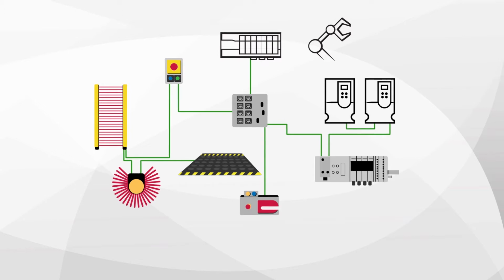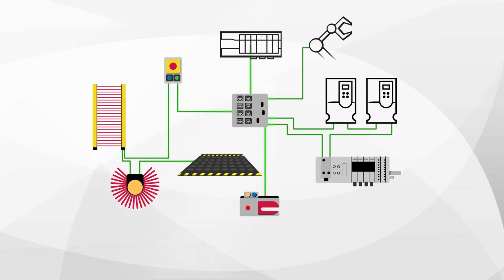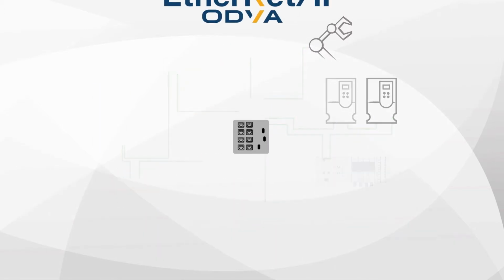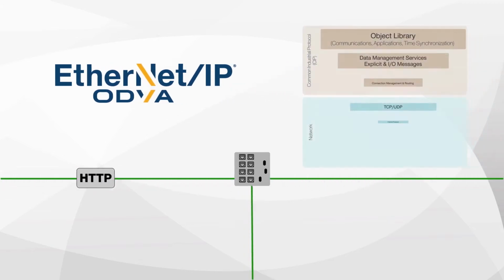Because of these requirements for increased data and connectivity, it is desirable to provide safety services over standard communication networks. One of the leading industrial networks, EtherNet/IP, runs on standard unmodified Ethernet, using the foundation of the Common Industrial Protocol, an open communications specification managed by ODVA.